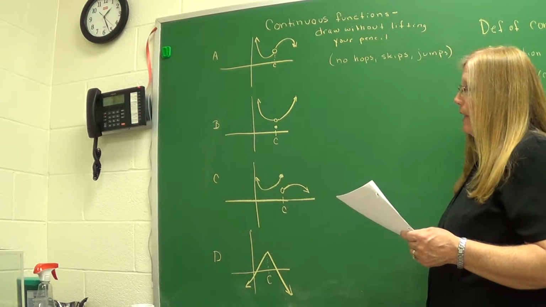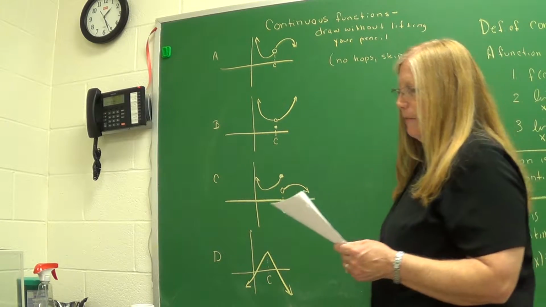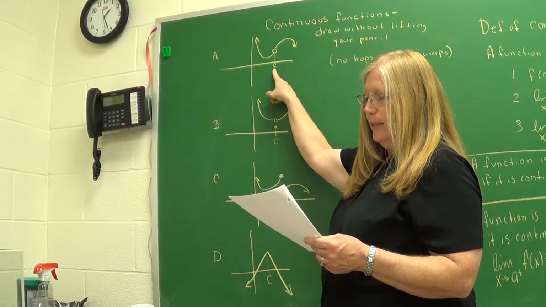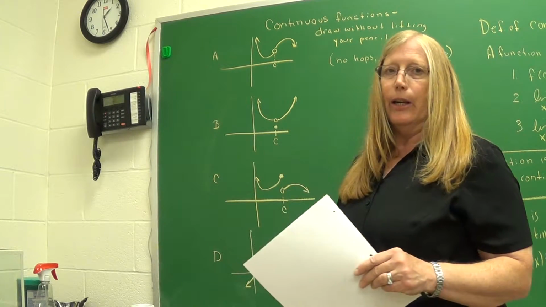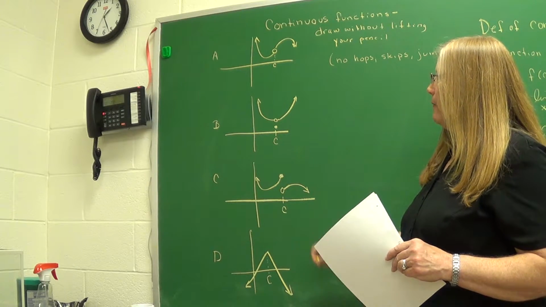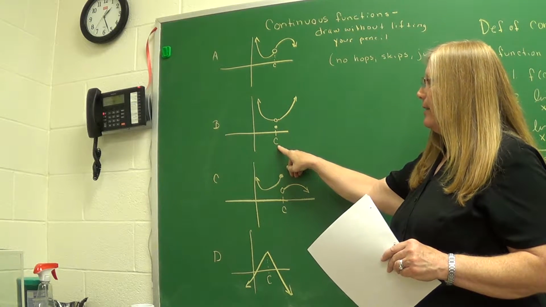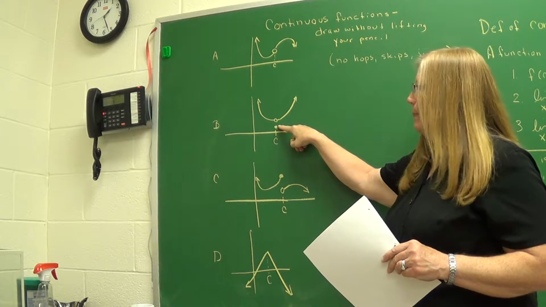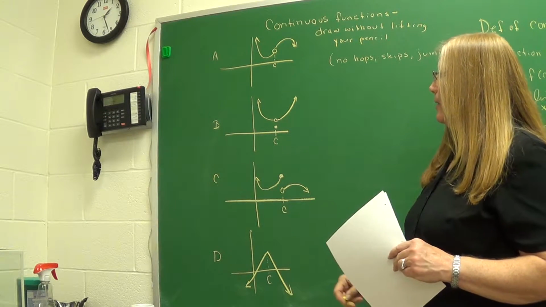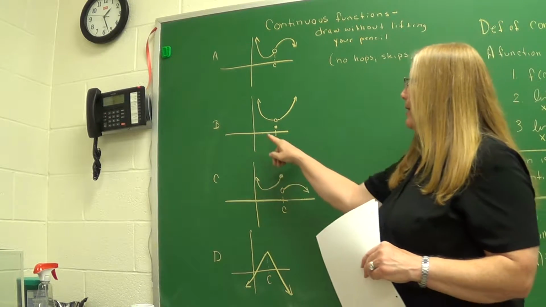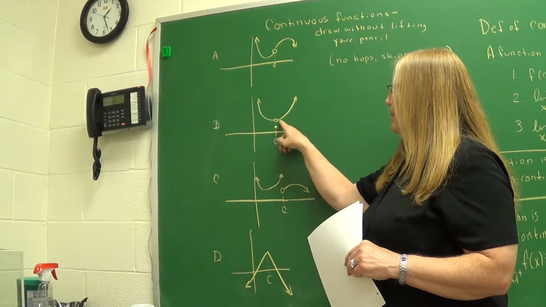If you observe that, you will see that the function is not defined at C. So leaving that one alone, let's go down to B. On this one, we see that the function is defined at C. Right there it has a dot, if it shows up, but it still cannot be drawn without picking up your chalk or pencil, so it has a jump.